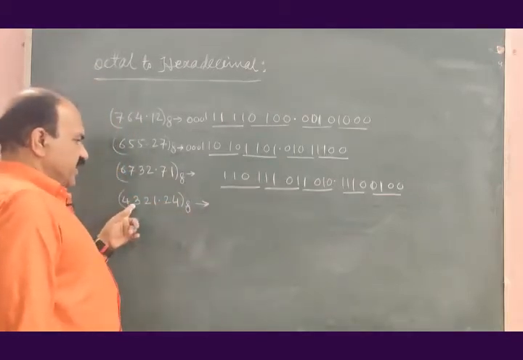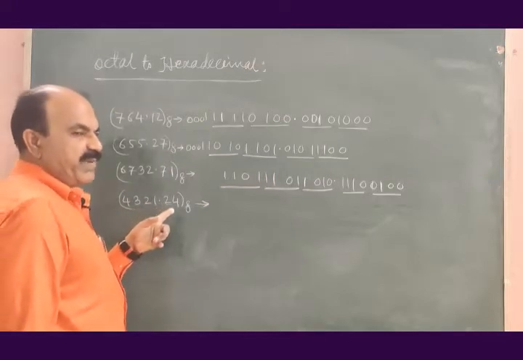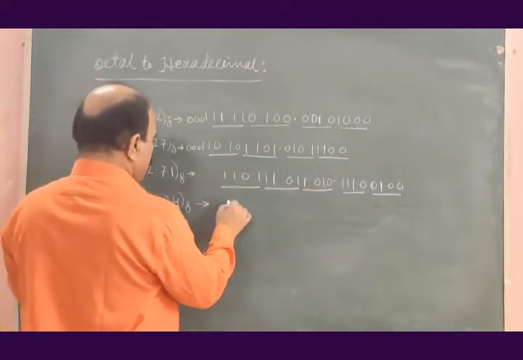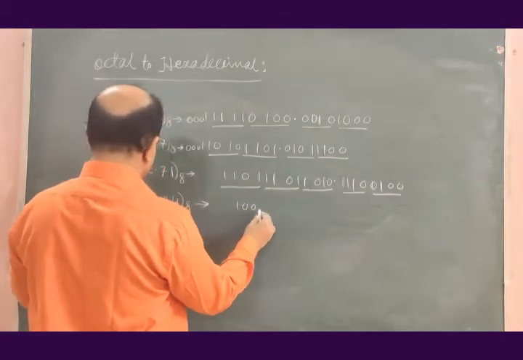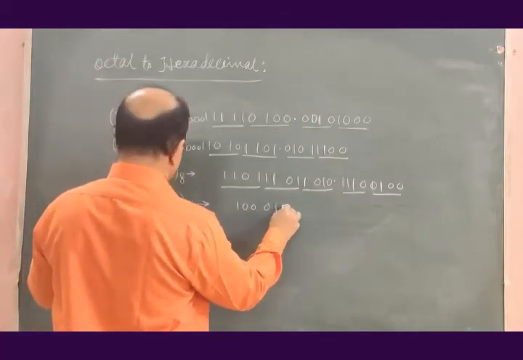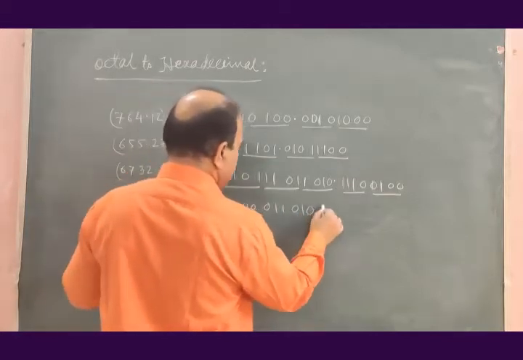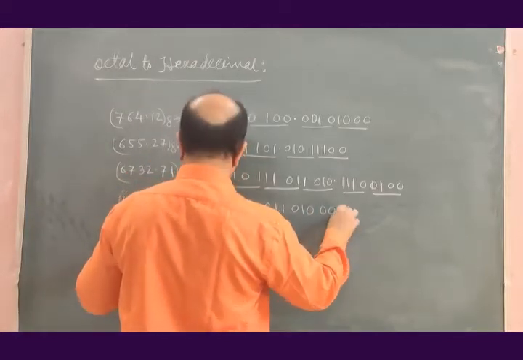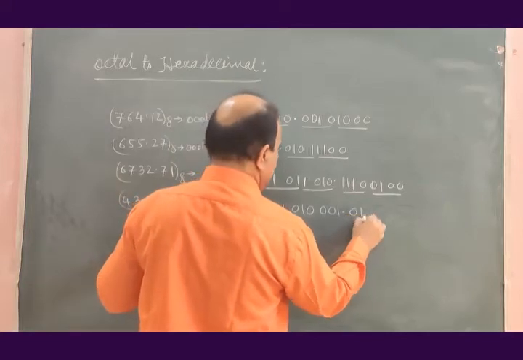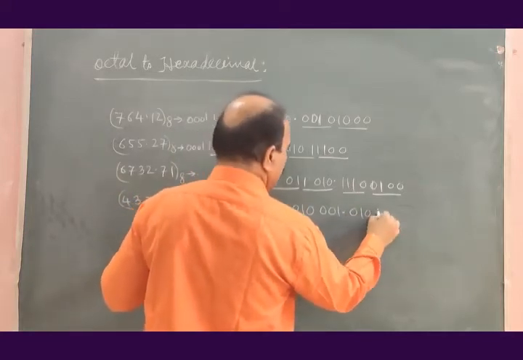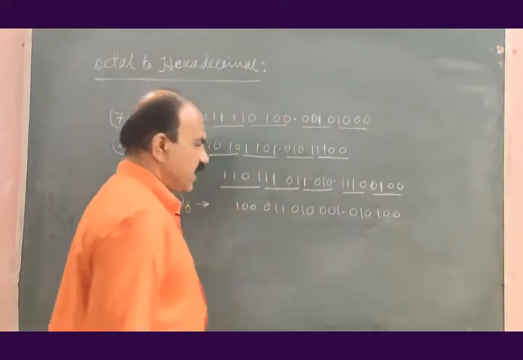Replace each digit by its 3-bit binary equivalent: 1 0 0 0 1 1 0 1 0 0 0 1, binary point, 0 1 0 1 0 0.